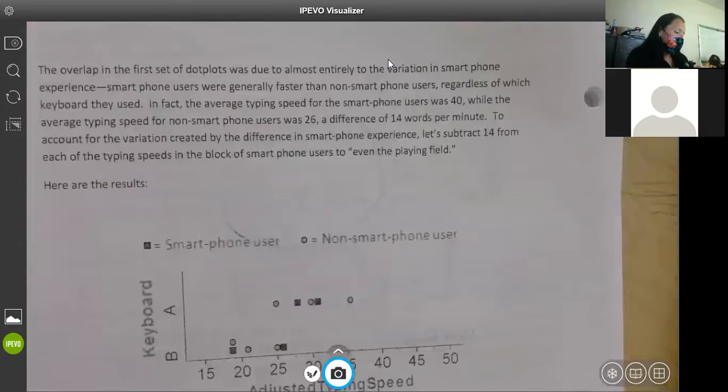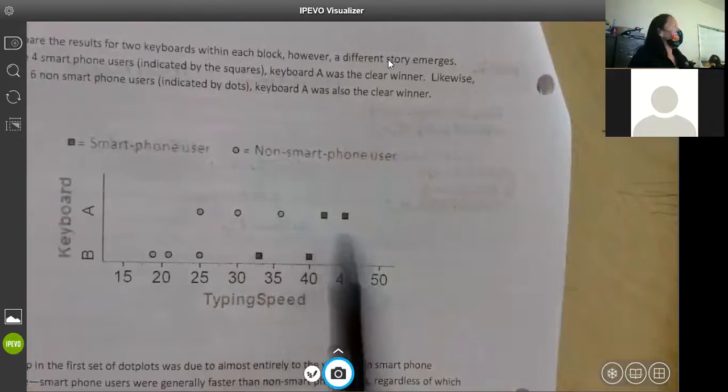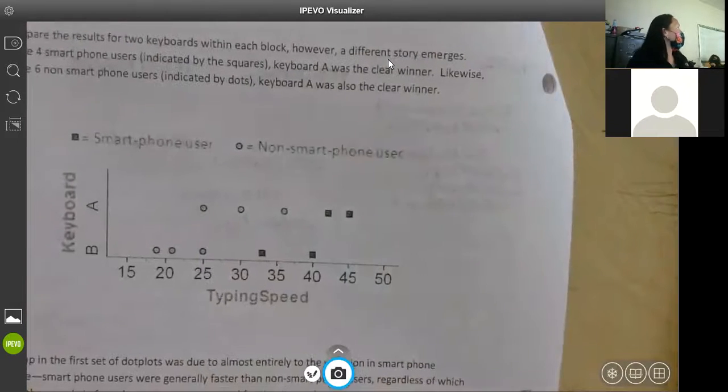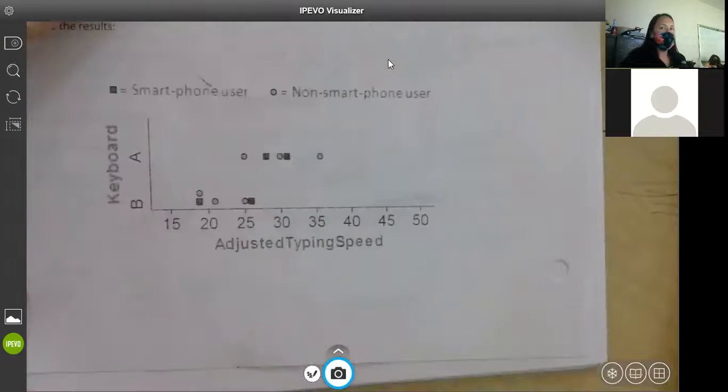To account for the variation created by the difference in smartphone experience, let's subtract 14 from each of the typing speeds in the block of smartphone users to even the playing field. So all they did was take these blocks right here, whatever their speed was, and subtract 14, because that was the variation between somebody that did use and somebody that did not use a smartphone. And if you look, what happened?